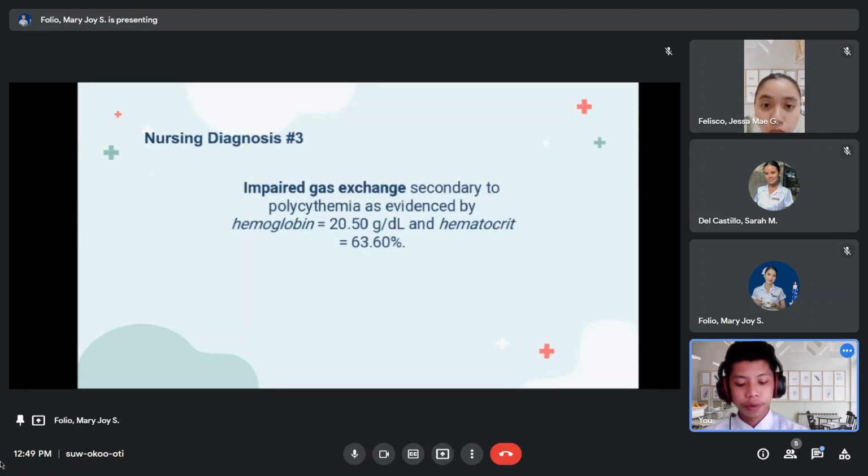So this is our third nursing diagnosis: impaired gas exchange, secondary to polycythemia, as evidenced by hemoglobin count equal to 20.5 grams per deciliter, and hematocrit level of 63.6%. Okay, next slide, please.